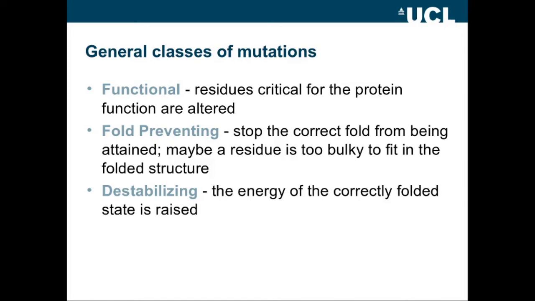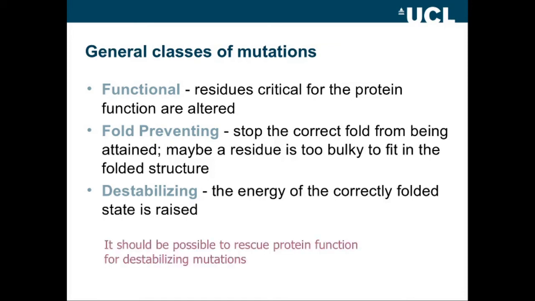These don't prevent the correct fold from being attained, but they raise its energy compared with unfolded or misfolded states. And these are the most interesting because, at least in principle, it should be possible to rescue protein function for the destabilizing mutations.